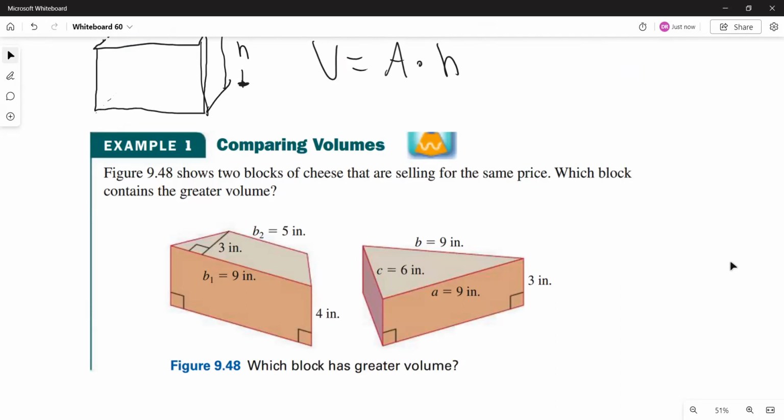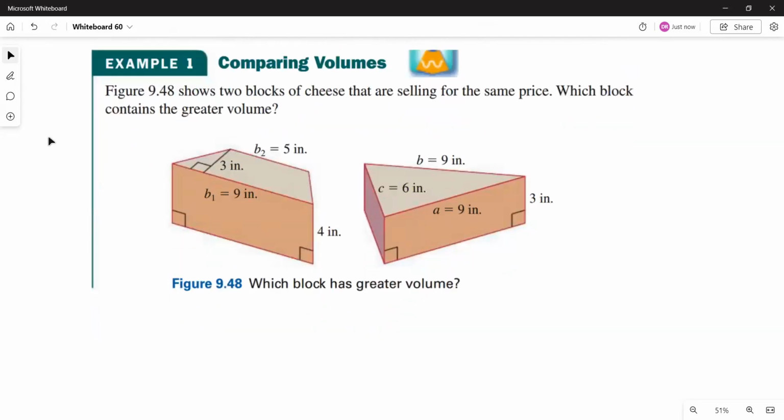Which block contains the greater volume, or which one should you buy? Which one is going to give you better bang for your buck? We're going to use the formula to find the volume. That is, we're going to find the area of the base. The first one is a trapezoid. The second one is a triangle. We're going to find the area of the base, multiply by the height, and compare the volumes.